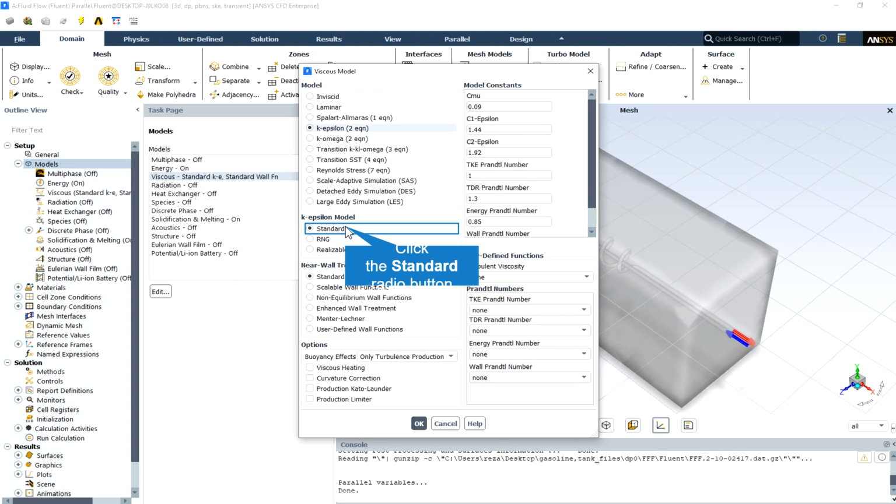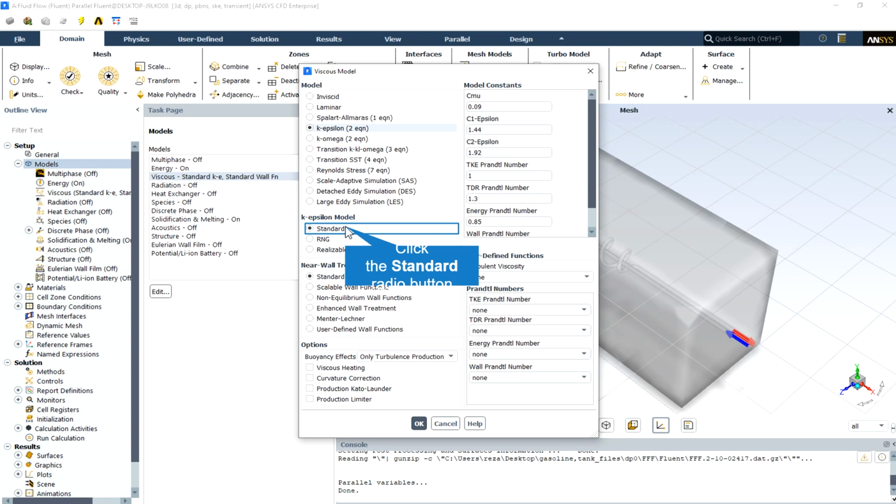The standard K-Epsilon model in ANSYS Fluent falls within this class of models and has become the workhorse of practical engineering flow calculations since it was proposed. Robustness, economy, and reasonable accuracy for a wide range of turbulent flows explain its popularity in industrial flow and heat transfer simulations. Also, it is a semi-empirical model.